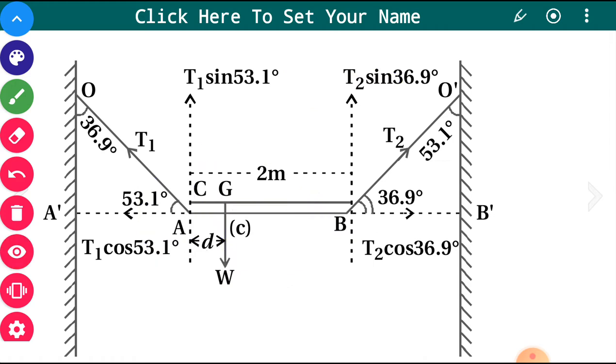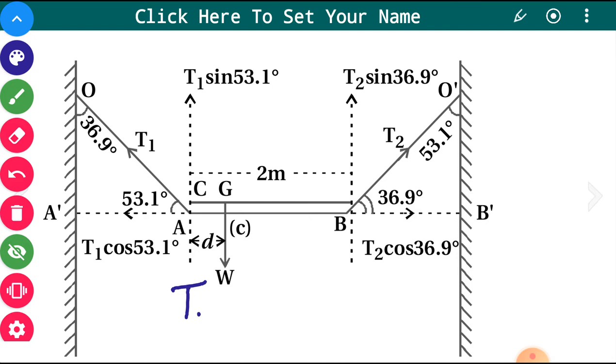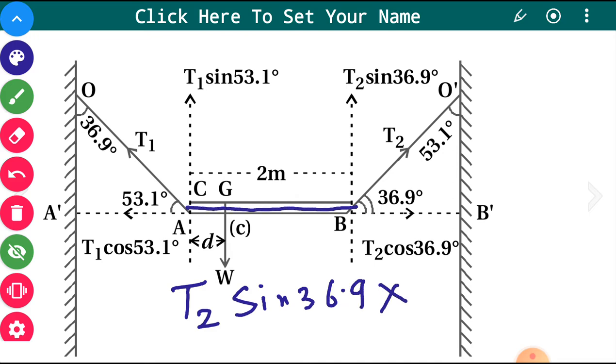So if you want to take the first torque, the magnitude of force is T2 sin 36.9 multiplied by the perpendicular distance, that is how much, 2 meters. So one torque is this.